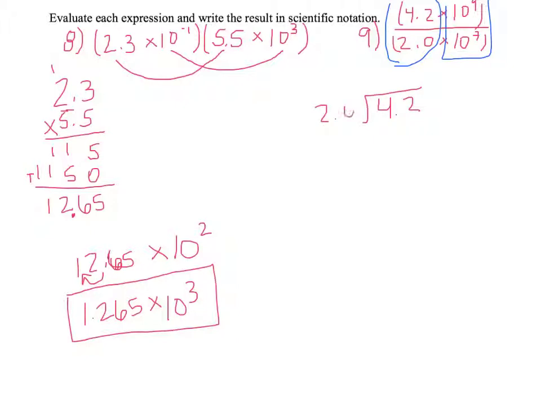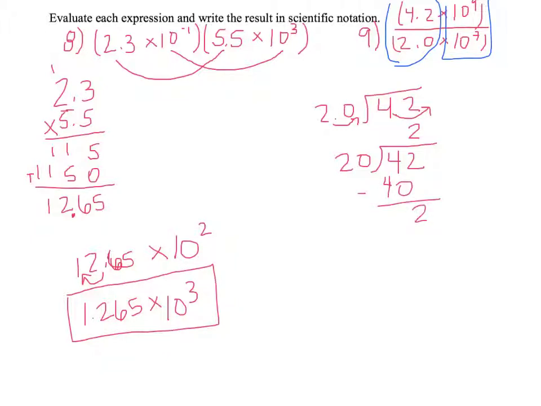So again, when we divide and we've got decimals, we move the decimal so that we have a whole value on the outside, and we'll move it the same number of places on the inside. So instead of 2.0 into 4.2, I'm going to do 20 into 42. It's going to go in 2 times to give me 40.